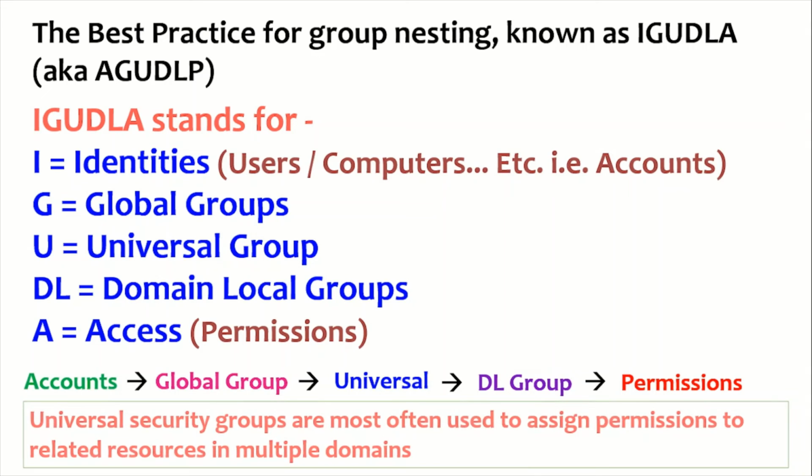Now universal security groups are most often used to assign permissions to related resources in multiple domains. So this is the main use of universal groups, and as we know, universal groups are also published in our global catalog.